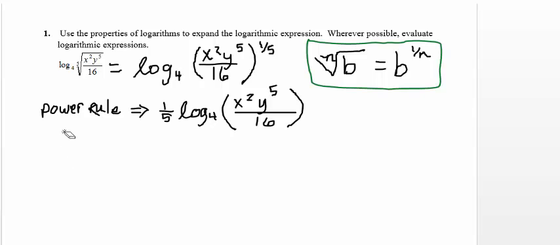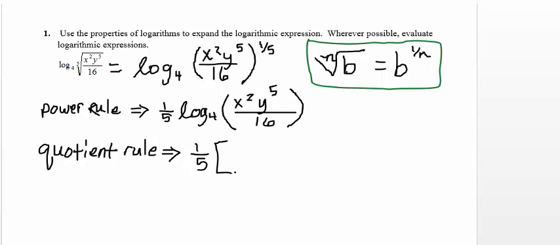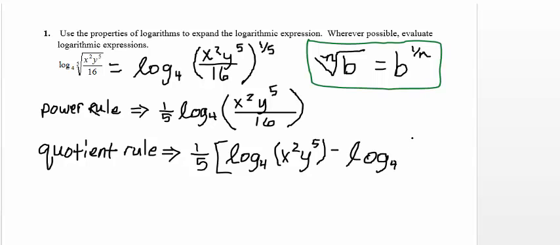I could use the product rule next, but I'm going to choose to use the quotient rule next. So 1/5 is multiplied by, and notice how I need to group this, the base 4 log of x squared y to the 5th minus the base 4 log of 16.